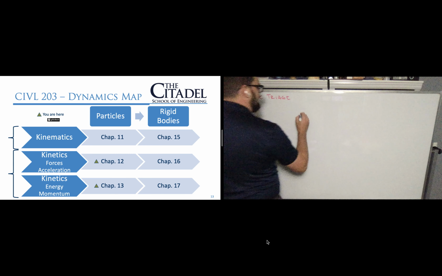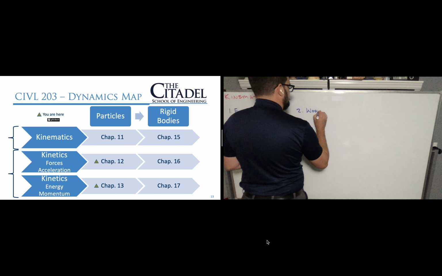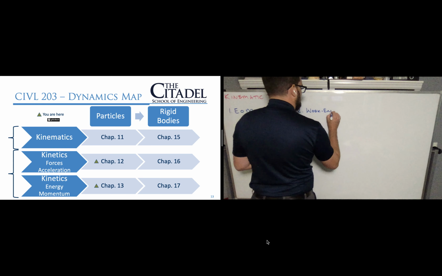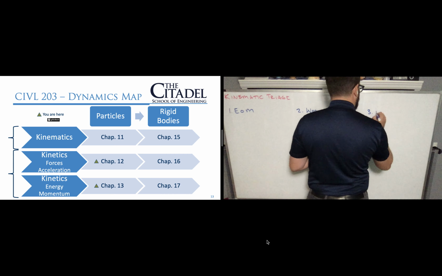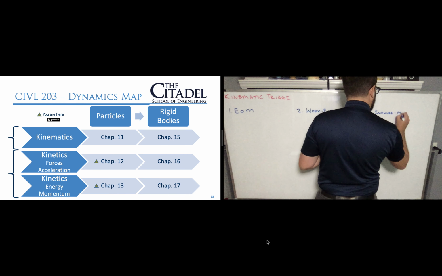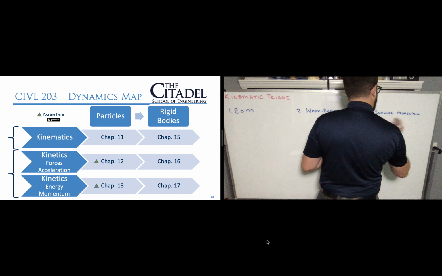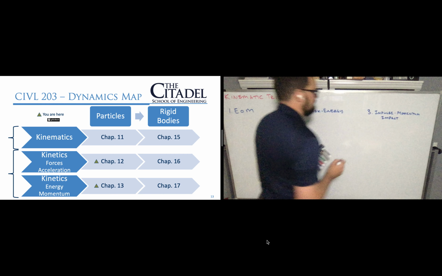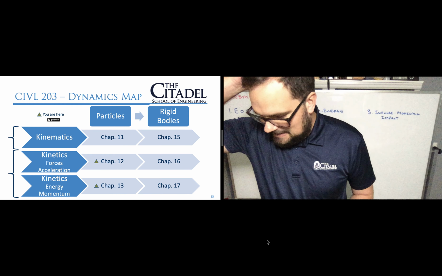Do I want to try and solve a problem using work energy? Or do I want to try and solve a problem using impulse, momentum, or impact? Kind of impact as the special case of impulse momentum. So we kind of want to know what to think about these different things.